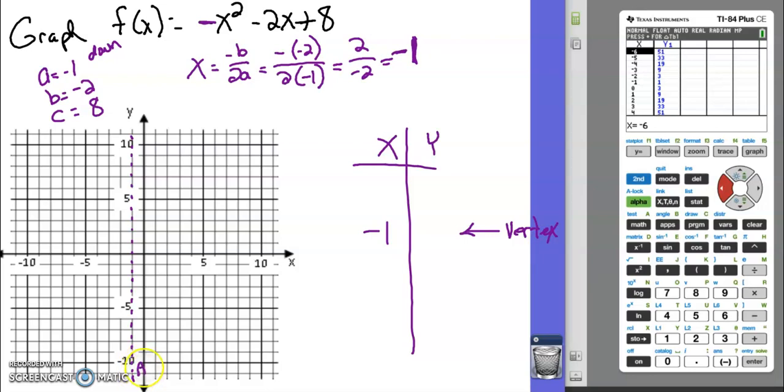The axis of symmetry, remember, is the middle of the parabola. So the vertex is right there. So we're going to substitute -1 in. So -1 squared minus 2 times -1. So that's going to give me -1 plus 2 plus 8. And so that's going to give me 10. So -1, 10.